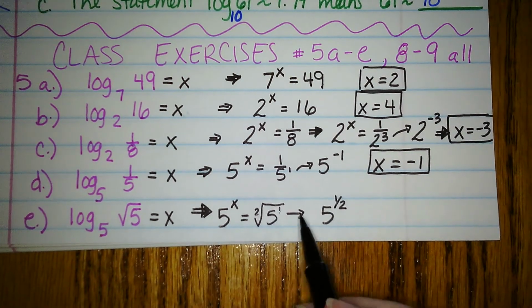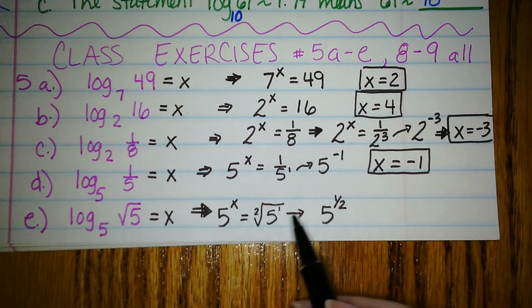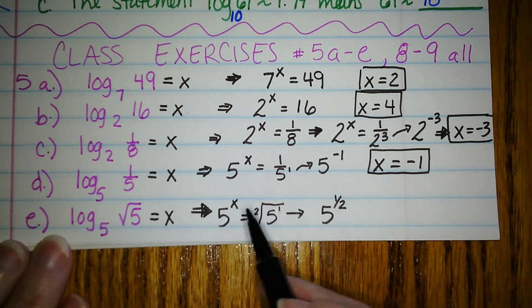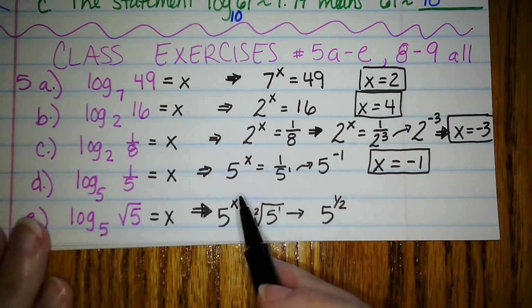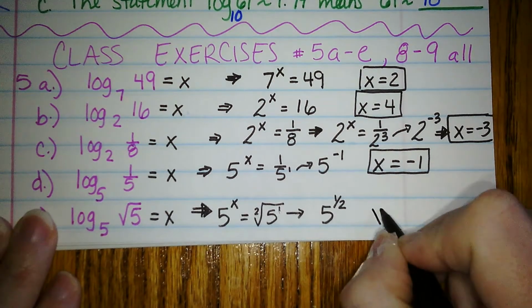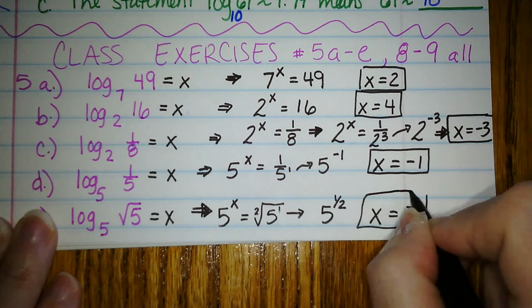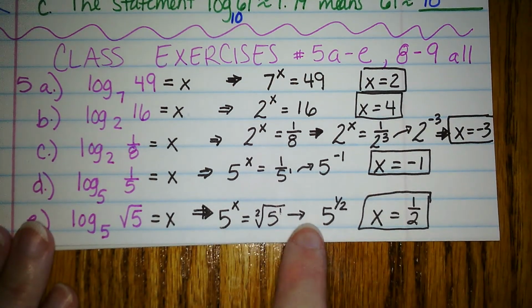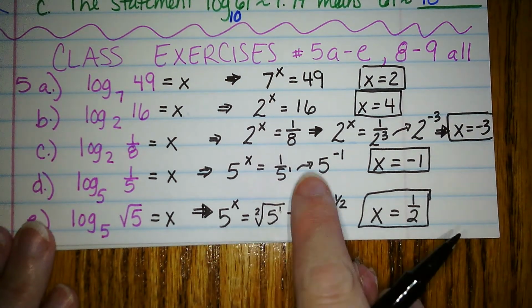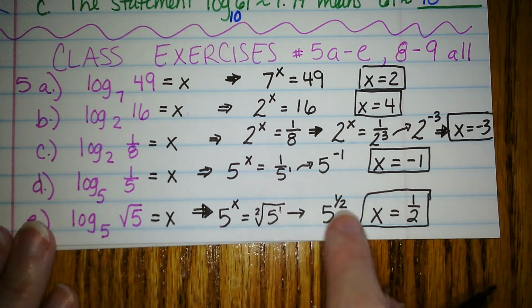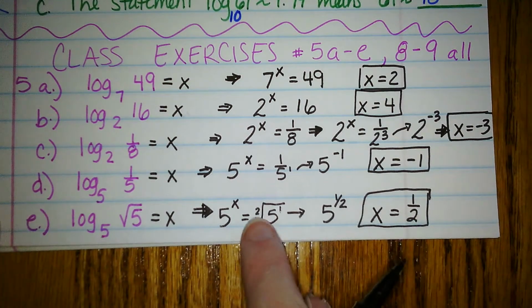Remember that square roots and exponents are interchangeable. And this would be 5 to the x equals 5 to the 1/2. So x has to equal 1/2. So all of our exponent rules that we worked on previously are coming back. Our negative exponent rules and our radicals are coming back to us in logarithmic form.